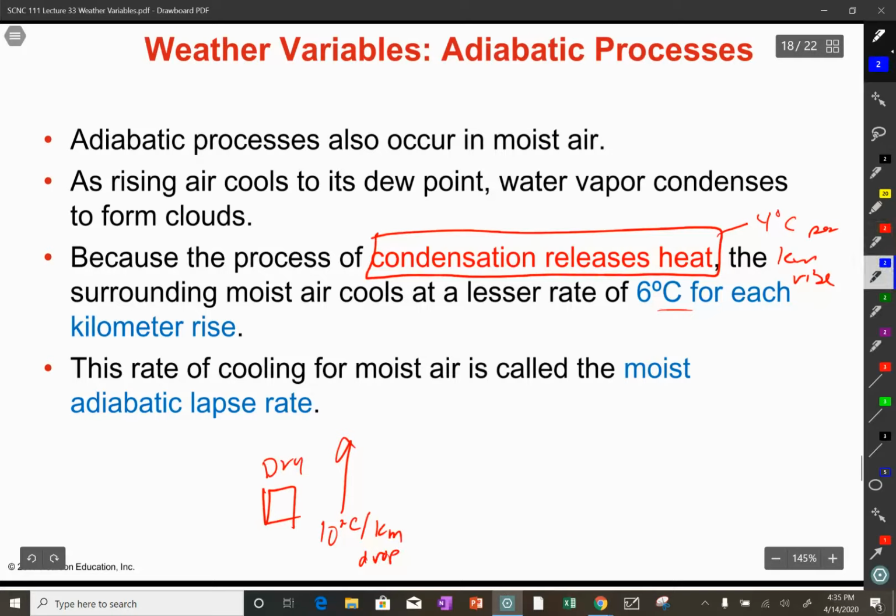But if it's moist, I have the same action, but then I have a 6 degrees Celsius per kilometer drop. That difference of 4 degrees is because of heat released when the water condenses. And so that's the moist adiabatic lapse rate.